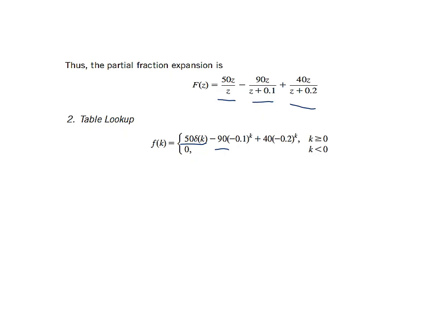We have a equals negative 0.1, then negative 0.1 power k, and for the third term is 40, and z divided by z plus 0.2 is in the form of a power k, which is negative 0.2 power k, for k bigger than 0, and 0 for any k smaller than 0.